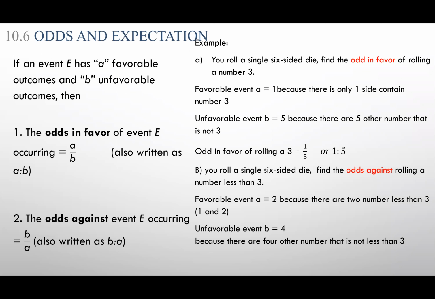So the odds in favor, if they ask you, would be 2/4. But in this case, they change the script and say odds against. For the odds against, you have to put them in terms of 4/2, which reduces to 2/1, a ratio of 2 to 1.